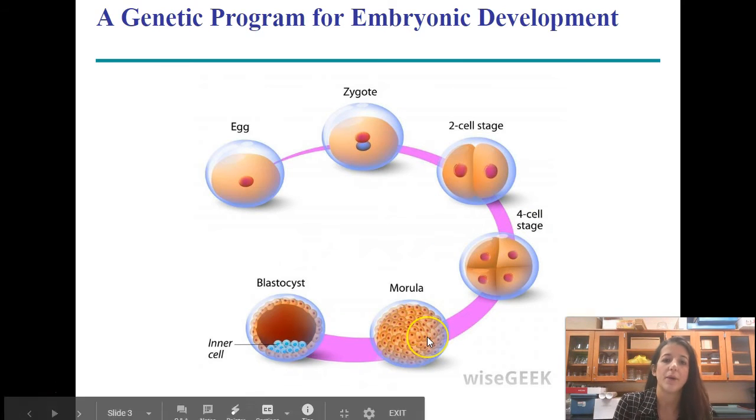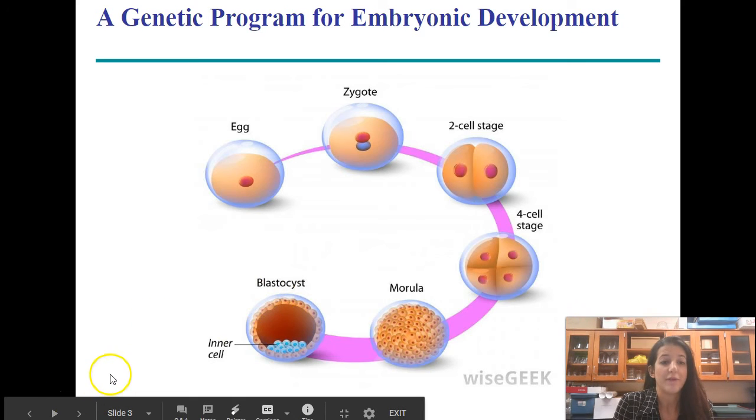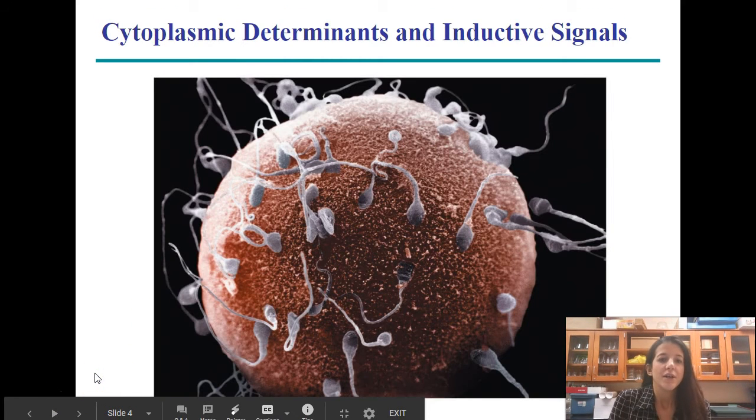After that, when we become our morula, and then go ahead and become the blastocyst, we become a pluripotent stem cell, which can become any body cell, and eventually we specialize even further and become multipotent stem cells.